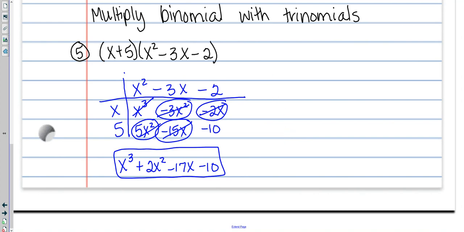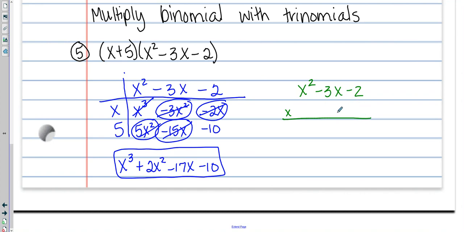Now, there is a different way to do this. So you could do this. I'm going to multiply these two. So I'm going to start with the trinomial. X to the second power minus 3x minus 2. And I'm going to multiply with x plus 5. So I'm going to set it up like how we did multiplication, right?